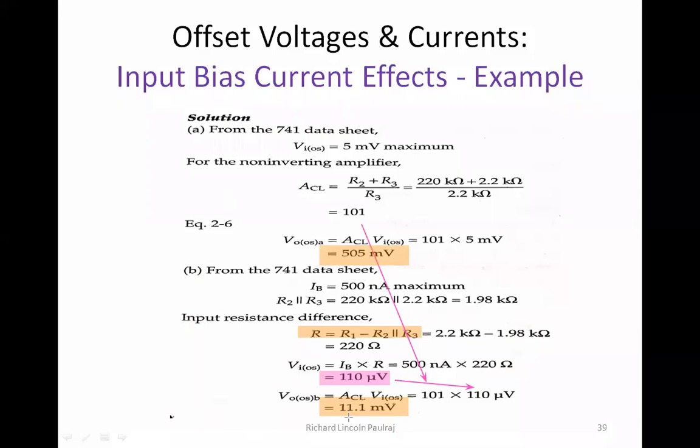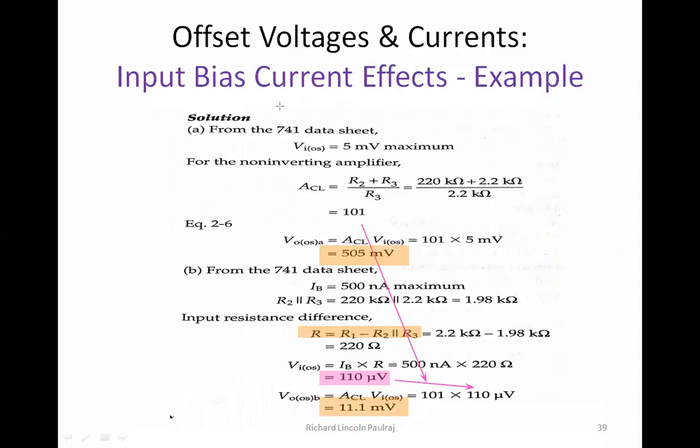And why is this difference happening? It is happening just because of the change in the value of these resistances. I think you're all able to understand the impact of the change in resistance. Is it? Yes or no? Yes, sir.